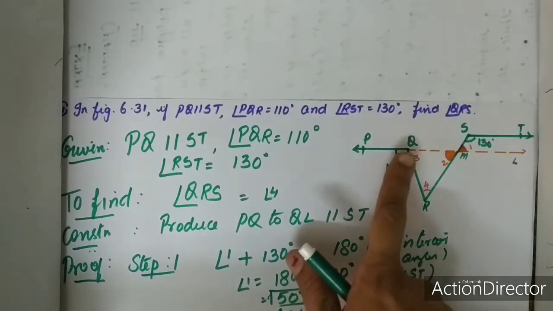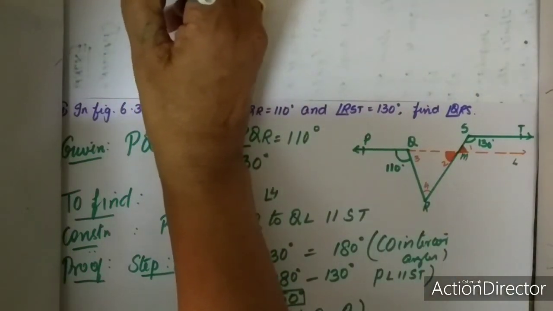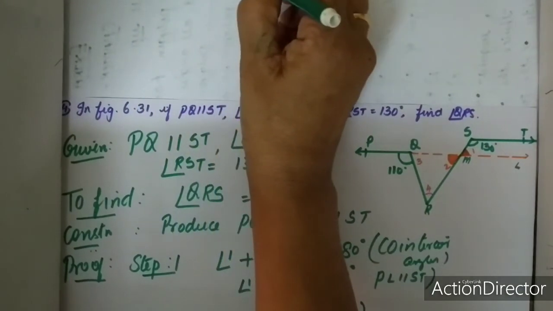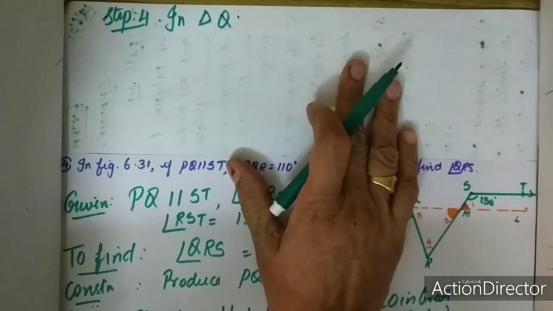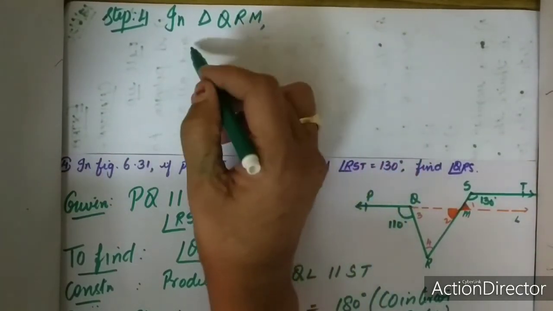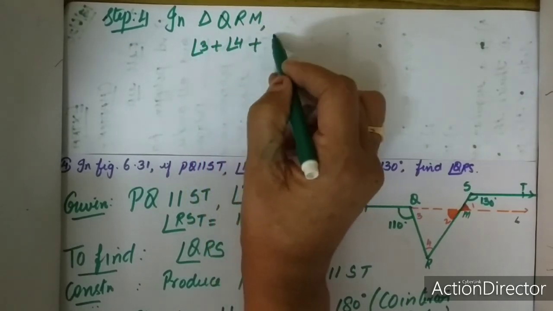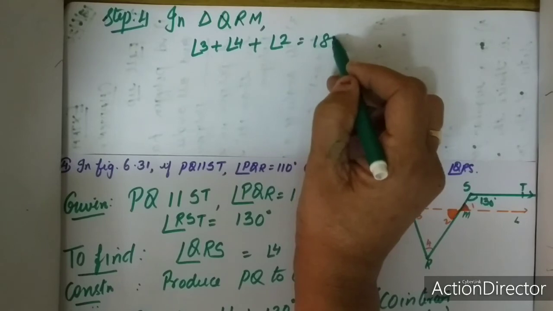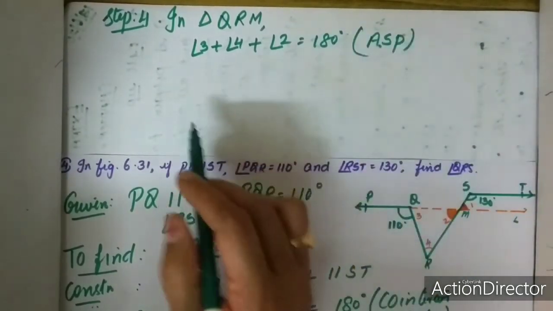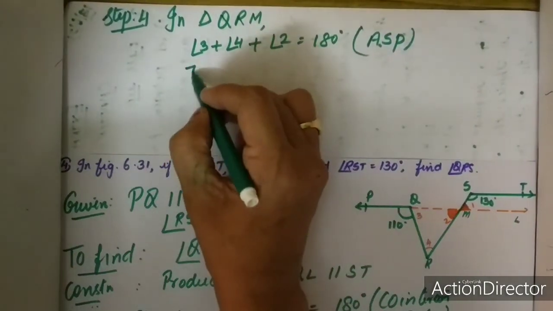So now I can write in triangle QRM. Step 4 you write in triangle QRM, angle 3 plus angle 4 plus angle 2 is equal to 180 degree, in bracket angle sum property. So what is angle 3? Angle 3 just now we have found by linear pair, which is 70 degree.